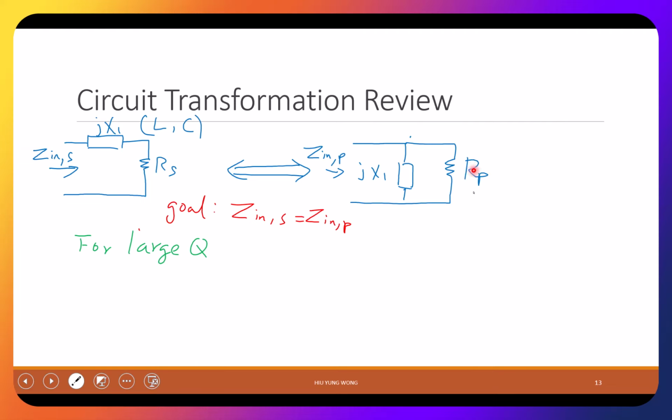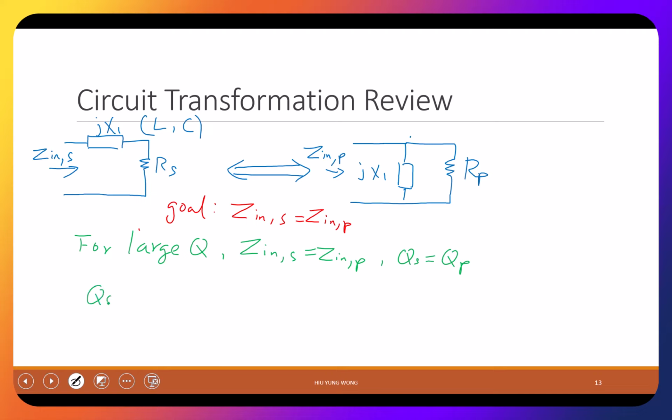RP must be infinity, right? Then they are just equivalent circuits. So it's a hand-waving way of memorizing it. If it is a very large Q, then I expect Xin must equal Xin,P, which automatically satisfies. But if they are the same, then I also expect QS equal to QP, the quality factor, right? So that is something that helps me to memorize.